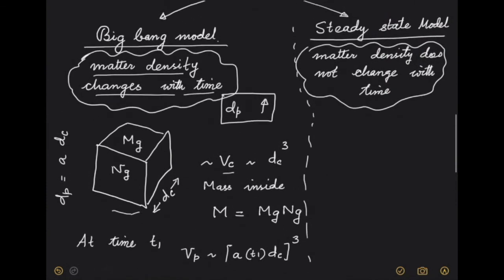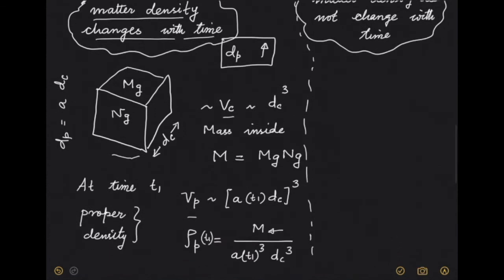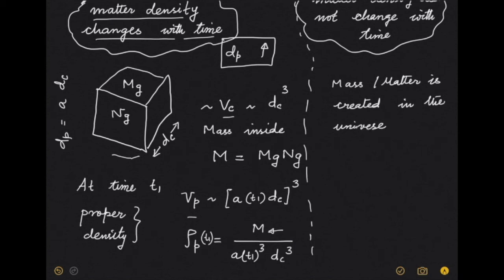And that's essentially what is relaxed in the other model of the expanding universe, the steady state model. There they say that mass or matter is created in the universe as it expands, and this keeps the density fixed.